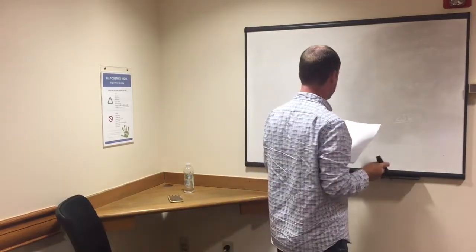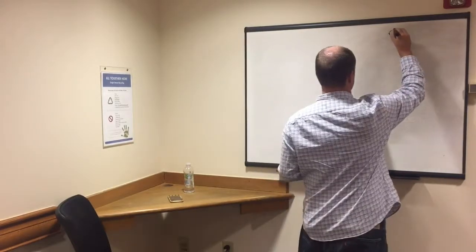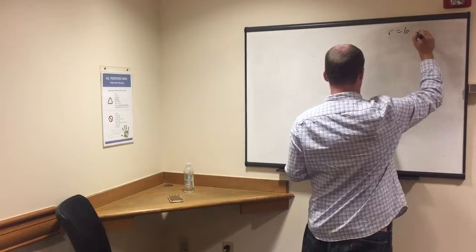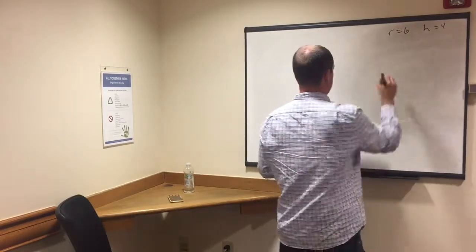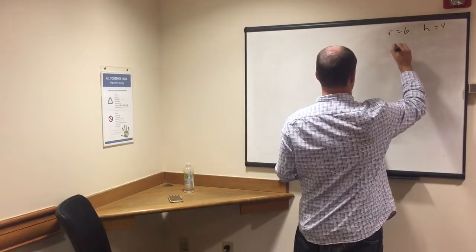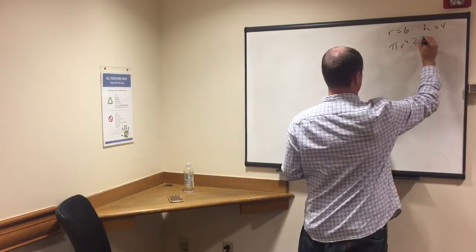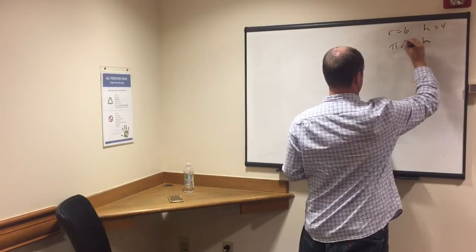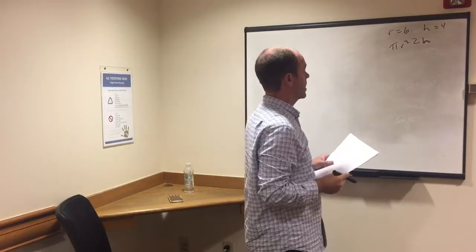All right, last one, volume of a cylinder. So we get radius is 6, height 4. Okay, formula for volume of a cylinder is pi r squared times height.